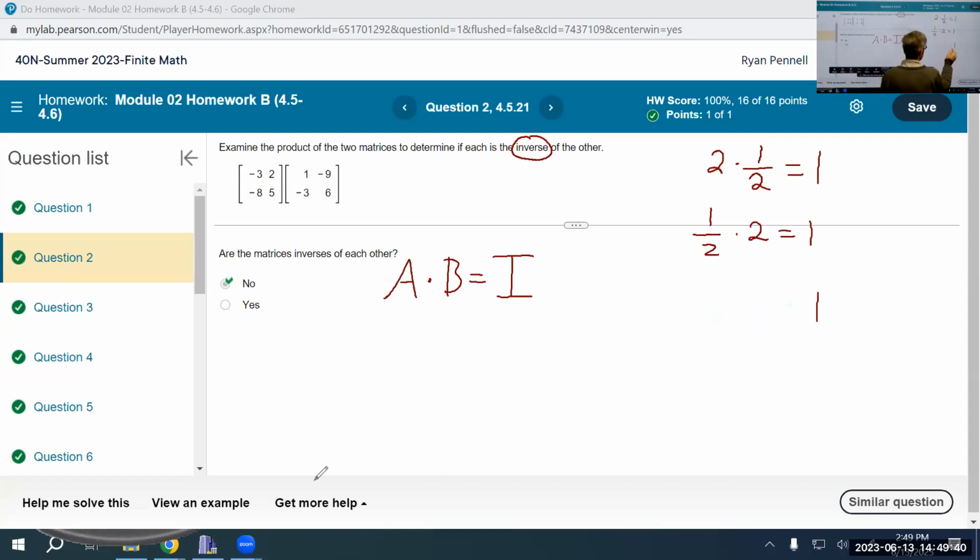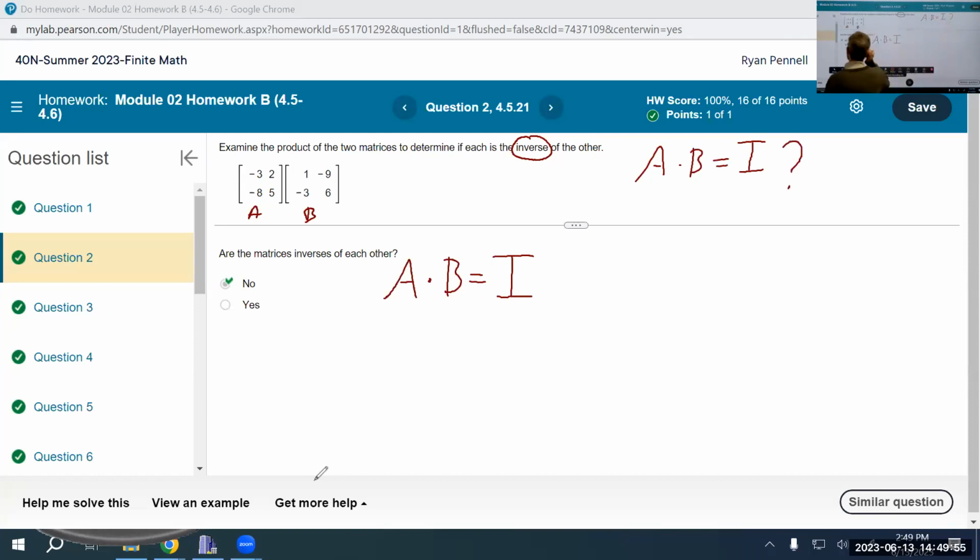Let me get rid of this stuff. So we want to know, let's call this A, let's call this B. If I multiply these together, do I get the identity matrix out, where the diagonal is just 1s, everything else is 0?